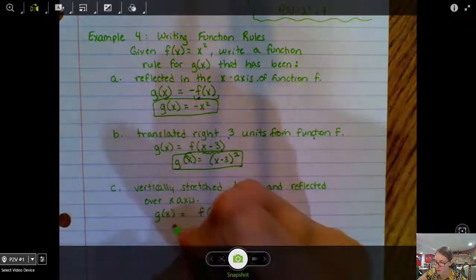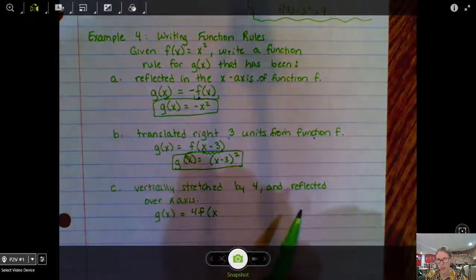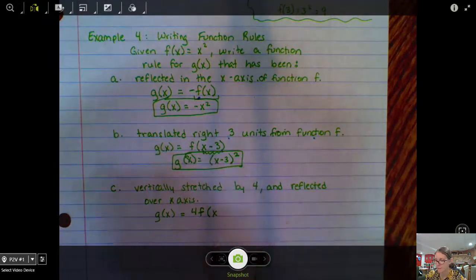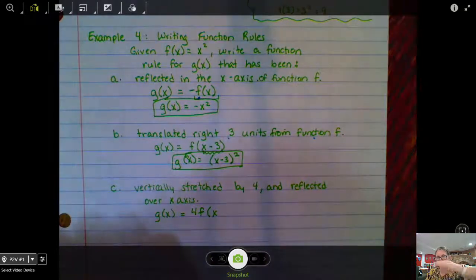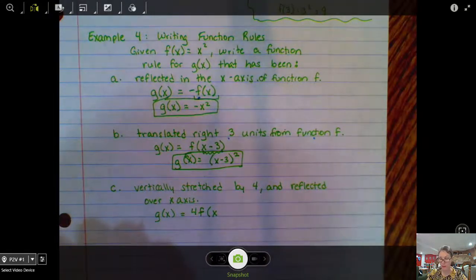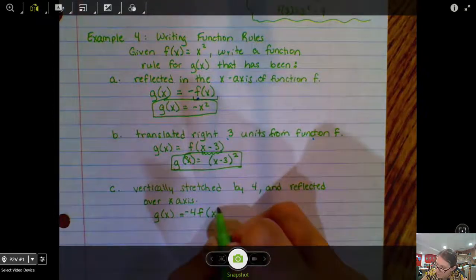We want to multiply by 4. So 4 times f of x. Oh, and then this reflected over the x-axis. X-axis, it's going to be a vertical reflection. So that's happening on the outside again, and it's going to be a negative. Negative 4 f of x.